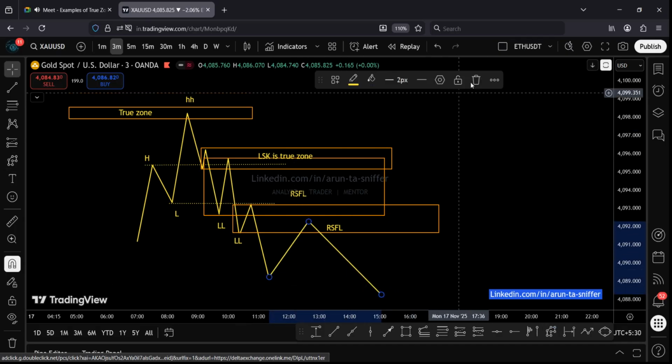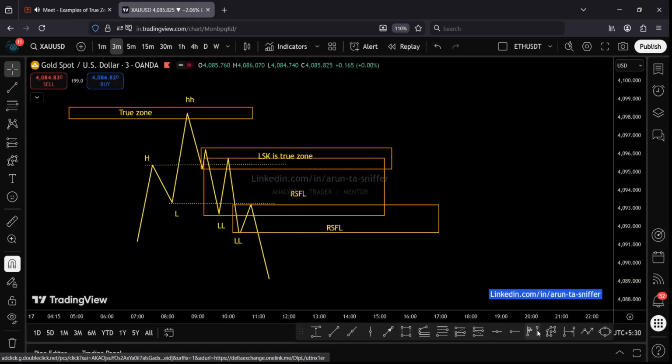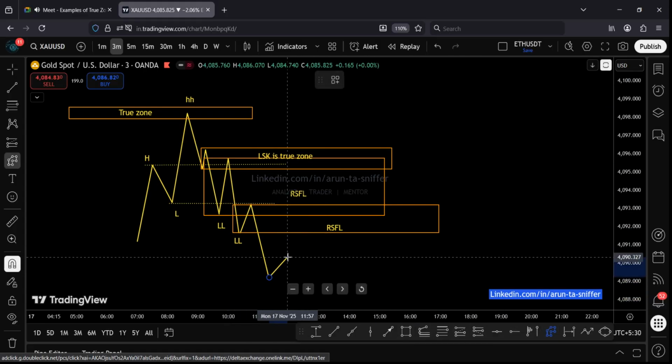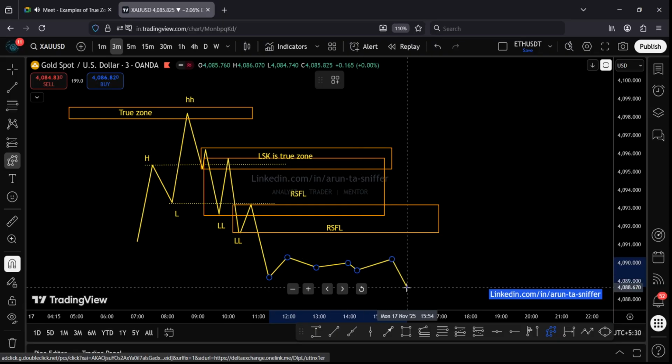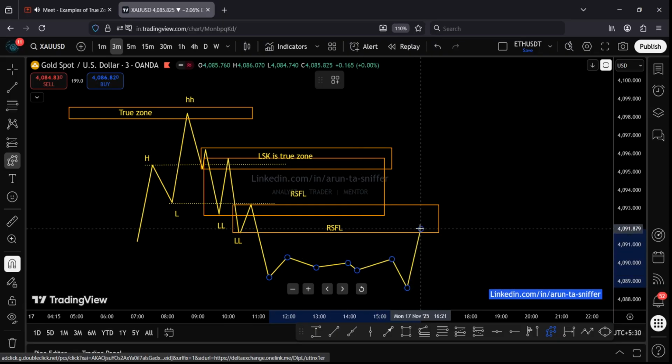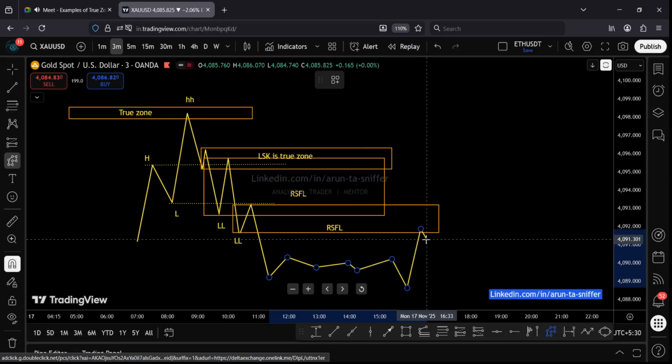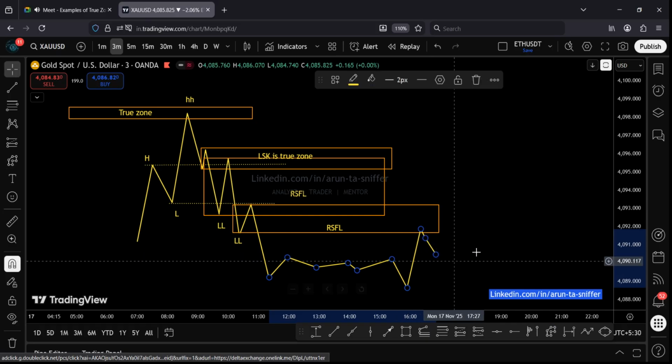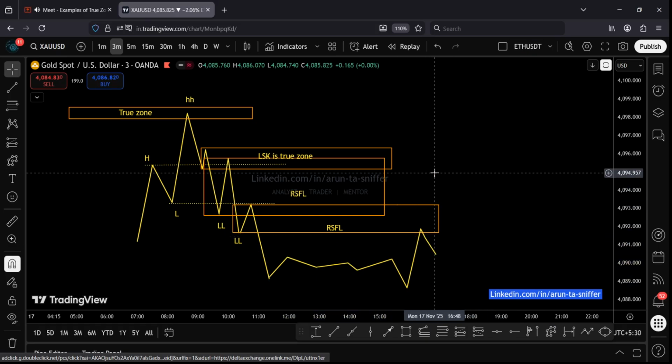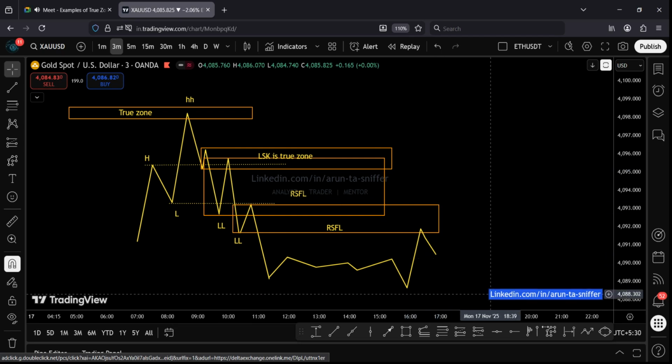But if price does a late retest like this, then we will wait for PA on the lower time frame, and then we will trade here. So let's delete this and we will go to the chart and look for examples.